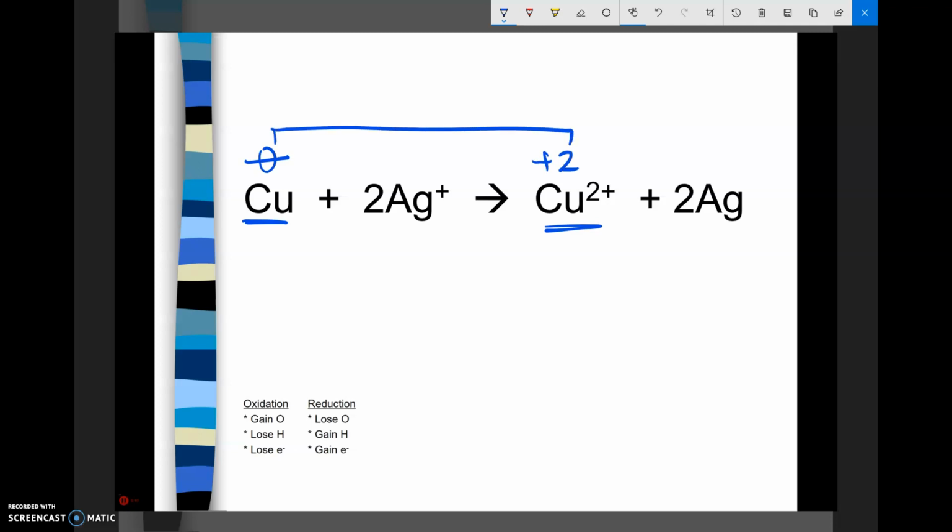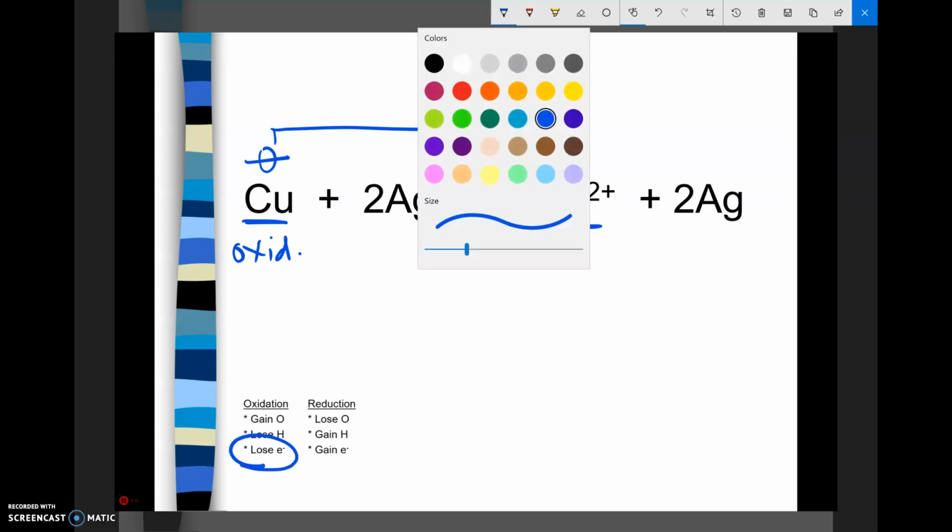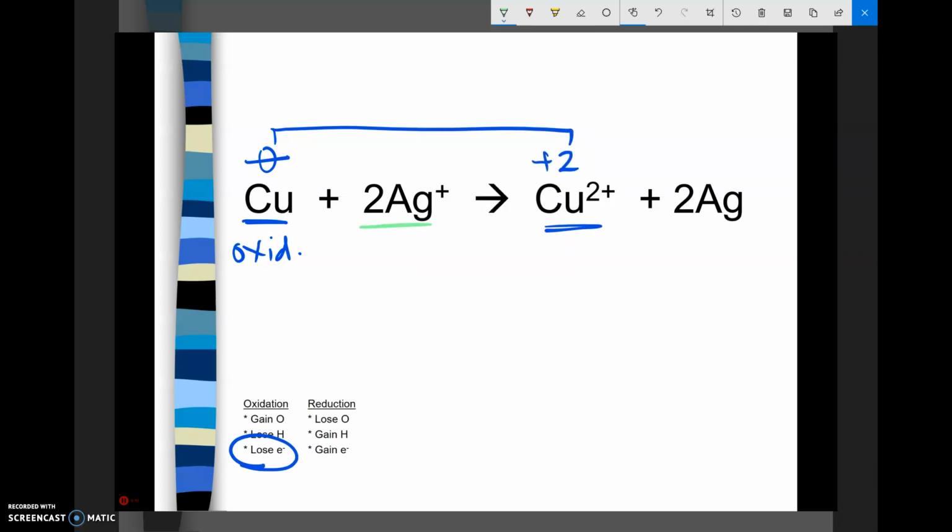Notice that there is an increase in oxidation number, so copper is oxidized because remember an increase means we're really losing electrons. And then the silver on the reactant side is a +1. On the product side, it's a 0. So +1 to 0 means that we have actually gained electrons, which shows reduction.